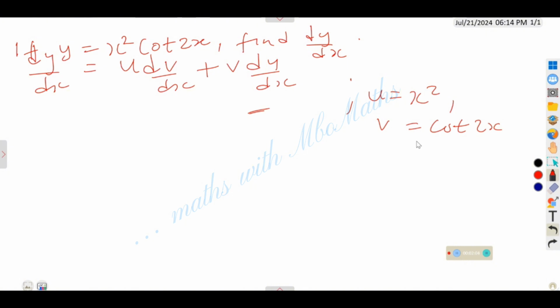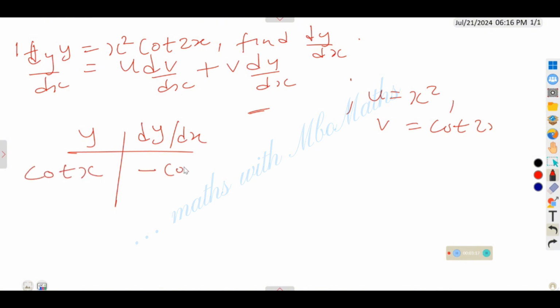But the problem we're going to have is when we put the differential of cot 2s, some people will be confused. So a quick one: if you differentiate cot s, you will have minus cosec squared s. So if that is the case, we apply it to this.